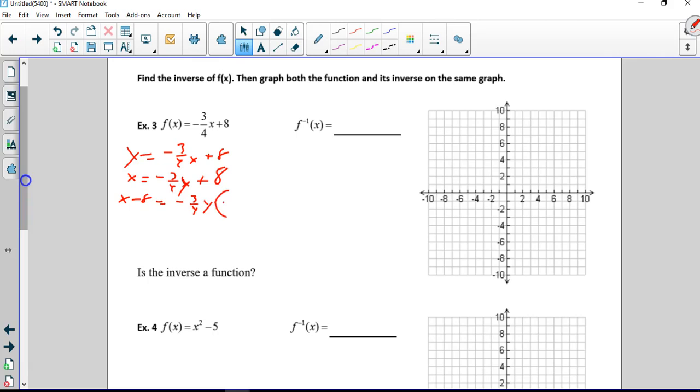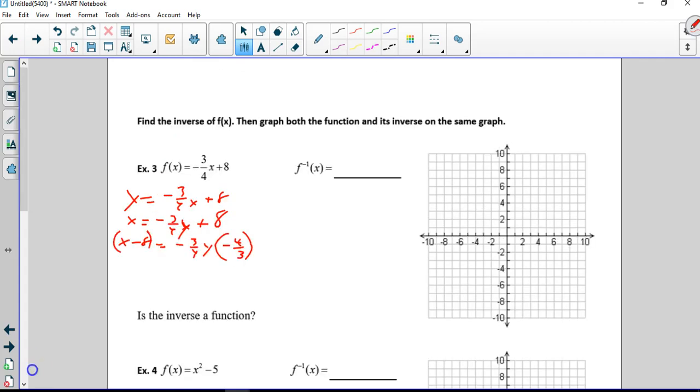To get rid of negative 3/4, I'm going to multiply by negative 4/3 on both sides. That's going to cancel, giving me y equals, and you have to be careful here, you have to distribute the negative 4/3 to both terms. So negative 4x plus 32 over 3.